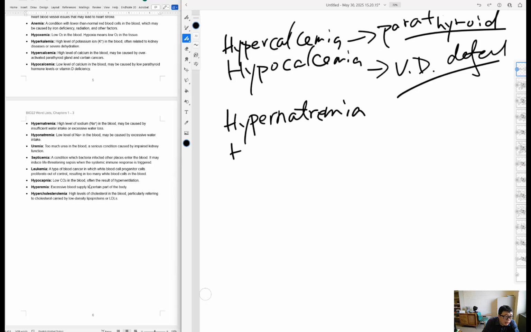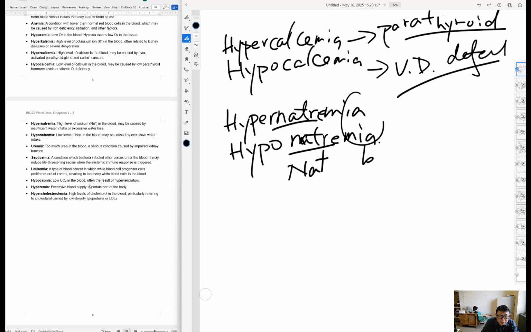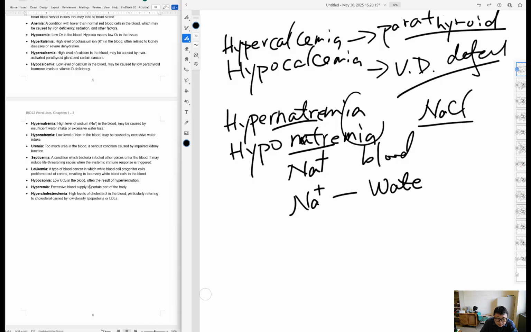Hypernatremia or hyponatremia. Hyponatremia is low sodium in the blood. Sodium chloride is the salt we eat. Sodium is a very important mineral in our body, and in our body, sodium is always coupled with water.